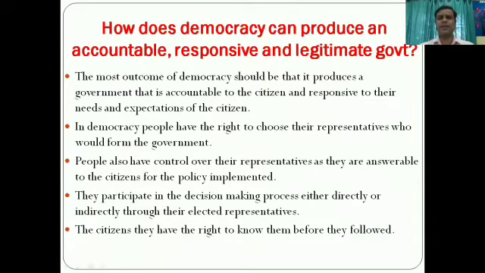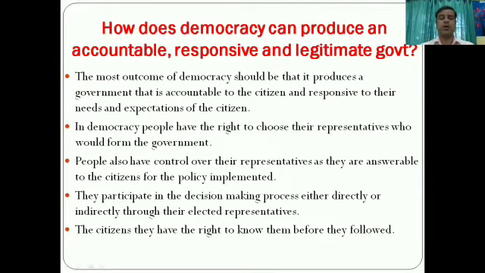How can democracy produce an accountable, responsive and legitimate government? We'll discuss this point here. The most important outcome of democracy should be that it produces a government that is accountable to the citizens and responsive to their needs and expectations. In democracy, people have the right to choose their representatives who would form the government.